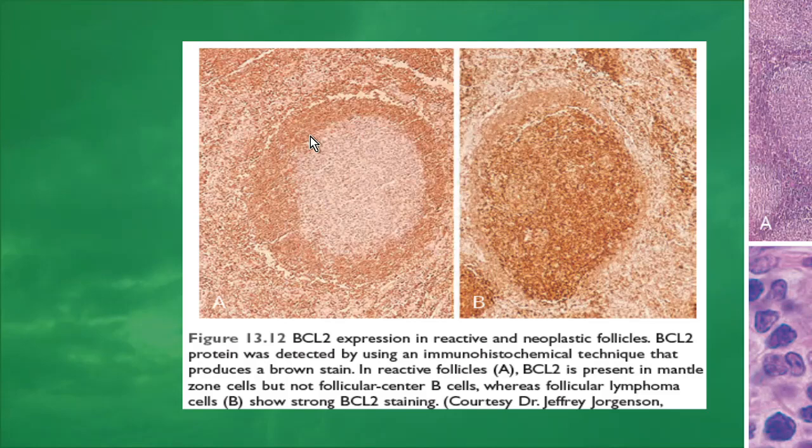These brown dots are positive cells, nuclear positivity. Mantle zone basically. But in follicular lymphoma, it's almost a reversal of pattern. All cells within the germinal center are BCL2 positive. So there is no apoptosis happening in the germinal center. And that's how follicles become large and multiply.